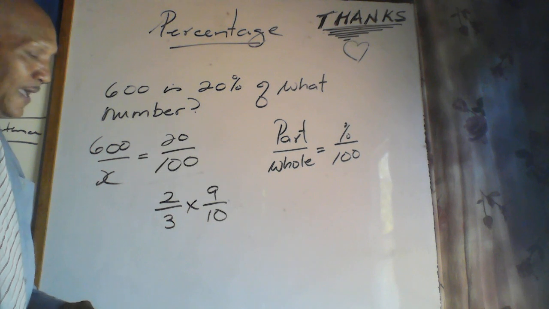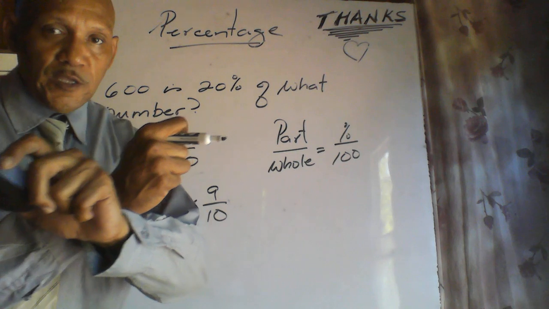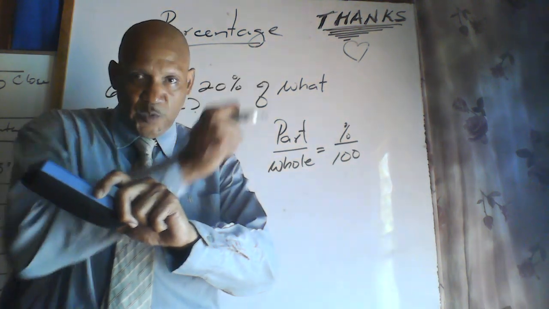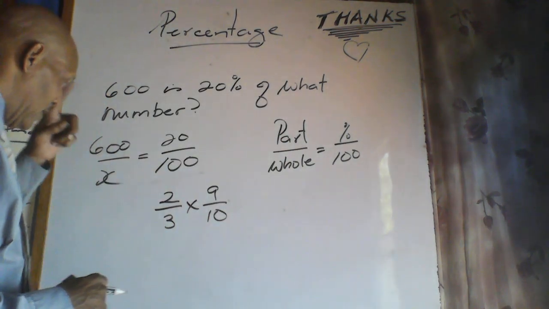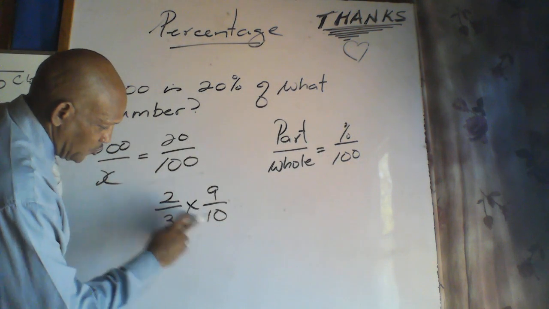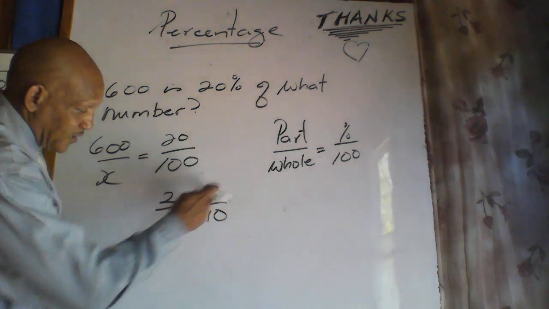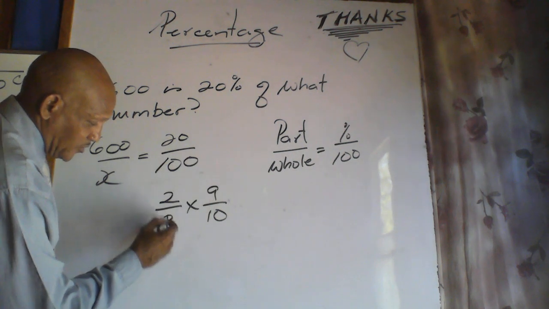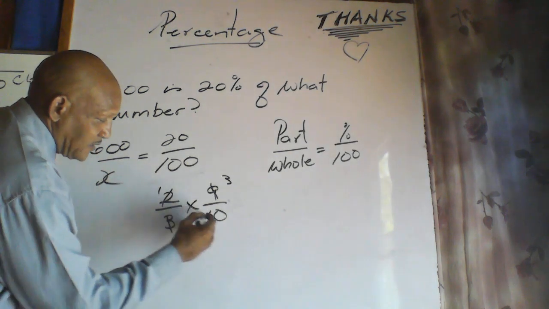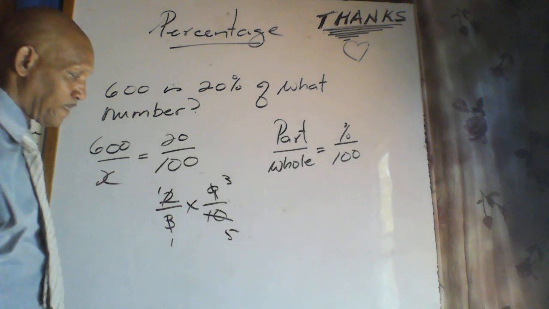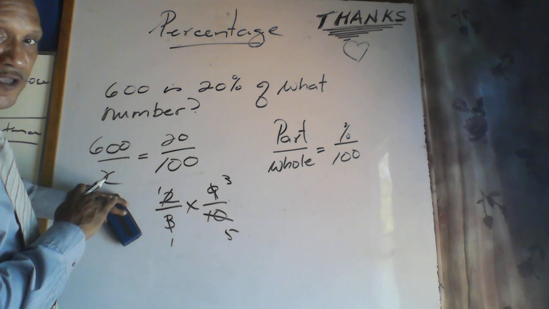I said that when you have a multiplication problem, you could cross cancel going this way or cross cancel going this way, or you can reduce straight up and down. If this can be reduced, I reduce it. If this can be reduced, I reduce it. But it cannot be reduced. But I can cross cancel because 3 can go into 9 evenly. 3 into 3, 1. 3 into 9 goes 3. And 2 can go into 10 evenly. 2 into 2, 1. 2 into 10 goes 5. That's how you multiply fractions.